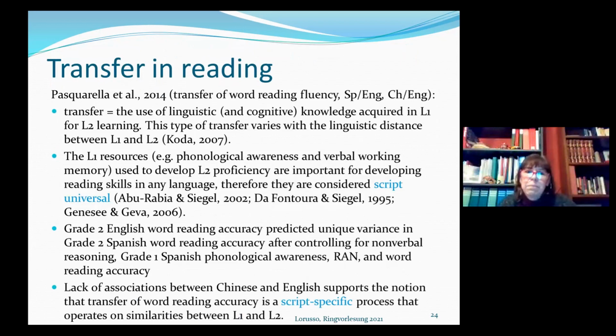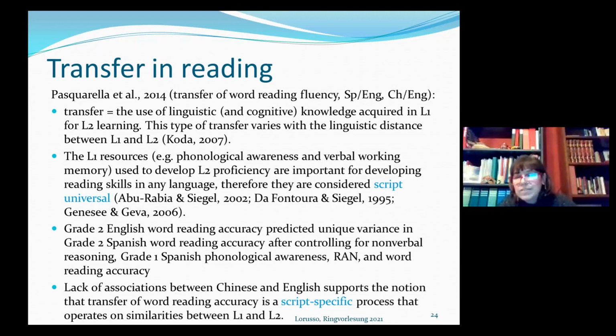A study by Pasquarella and colleagues focuses on transfer in reading, and they also highlight how this type of transfer varies with the linguistic distance between the two languages.